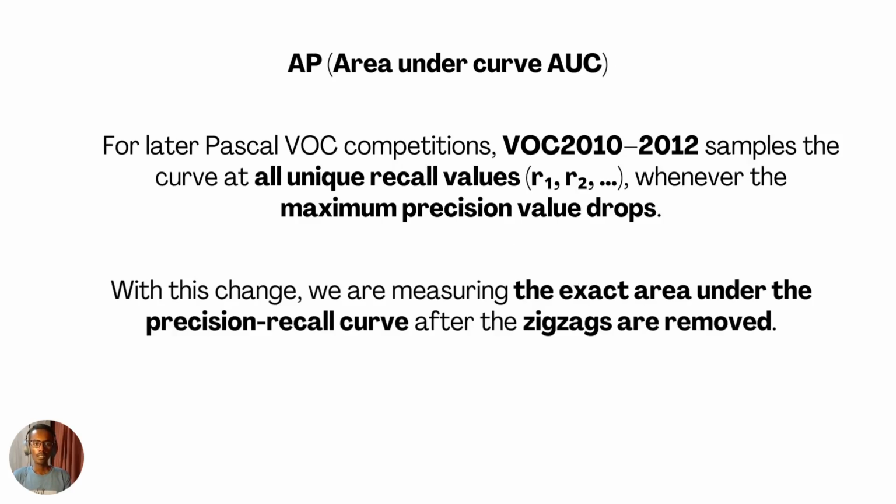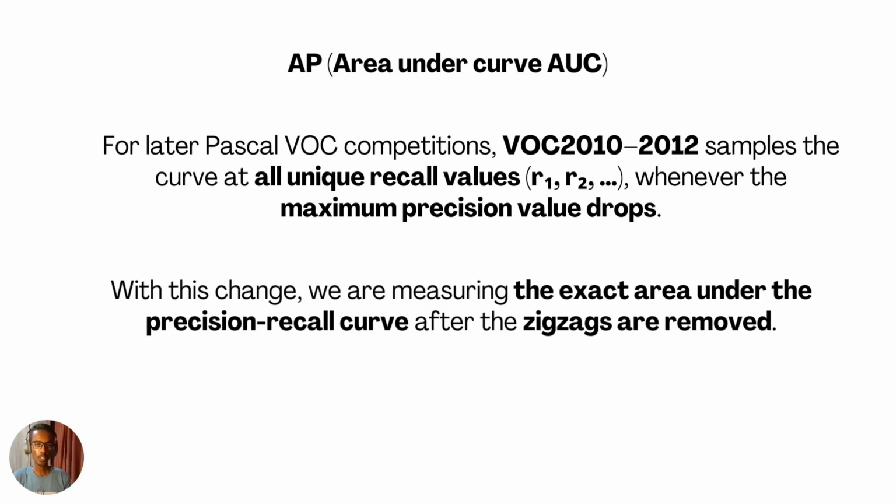The average precision can be computed using a different method from the 11-point interpolation method, and that method is known as area under the curve, or AUC. For later Pascal VOC competitions, VOC 2010 up to 2012, it samples the curve at all unique recall values whenever the maximum precision value drops.